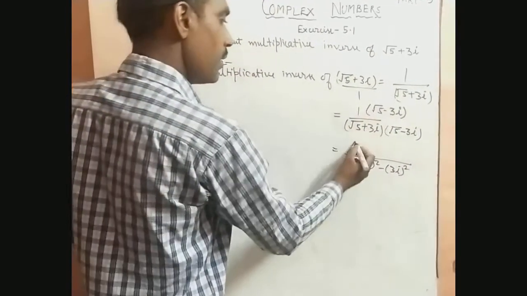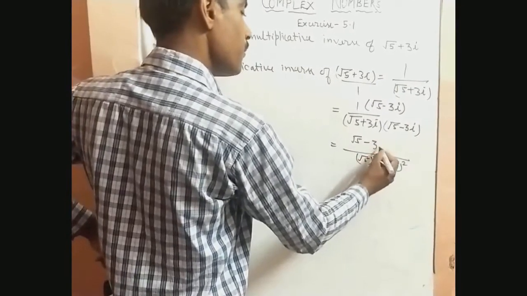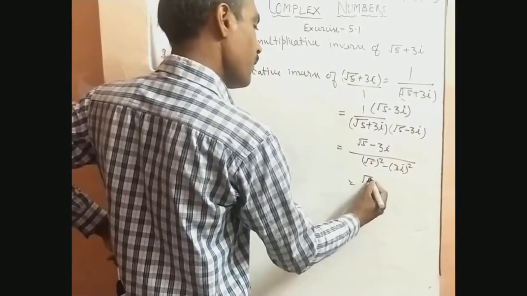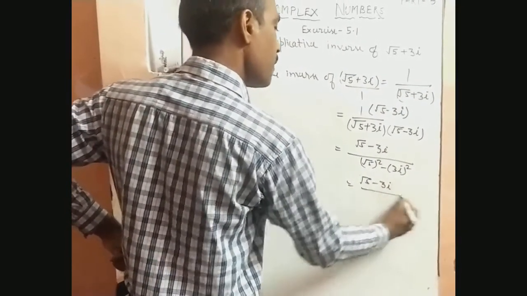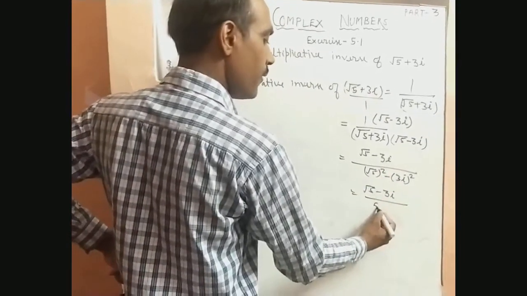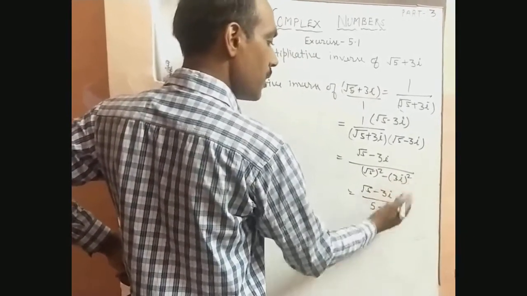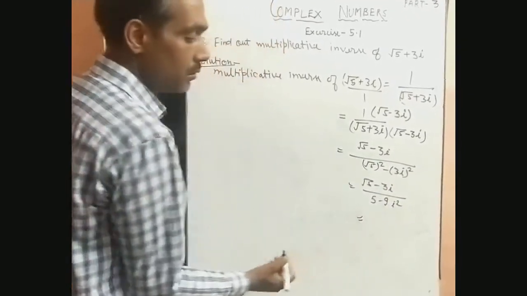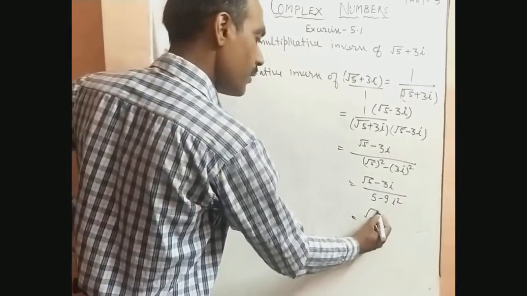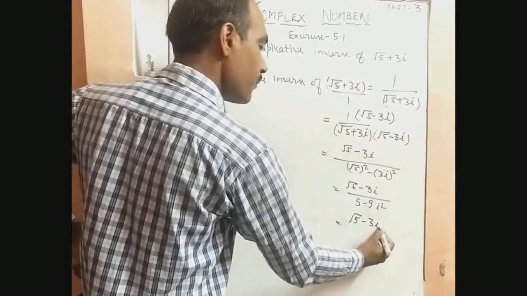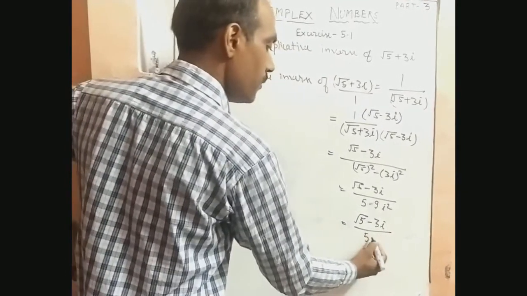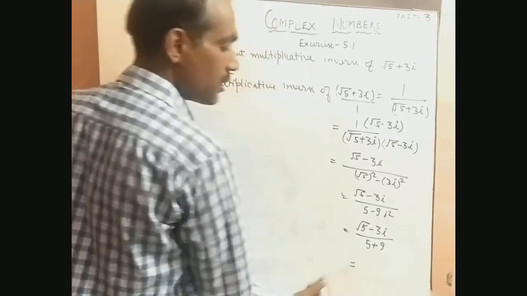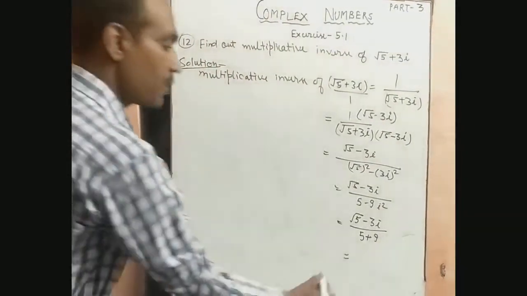Then root 5 minus 3i upon 5 minus 9i square, and i square equals minus 1, so 5 plus 9, which is equal to 14.